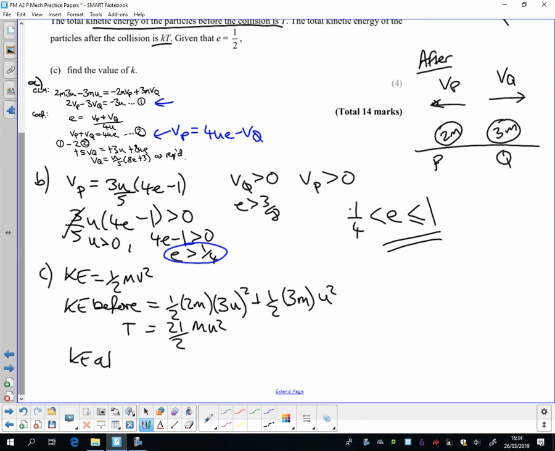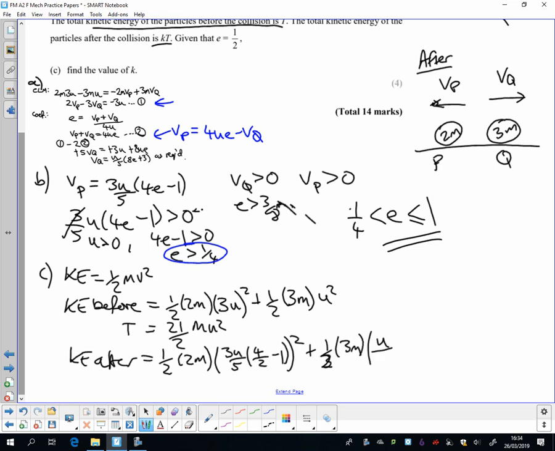So kinetic energy after. Now we've got a half 2m, and our expression was 3u over 5 times 4 times e, so e is a half, minus 1, all squared, and then the same for Q. Whoops, so that's supposed to be a half, that's 3m. Okay, so this was u over 5 times 8e plus 3, all squared.